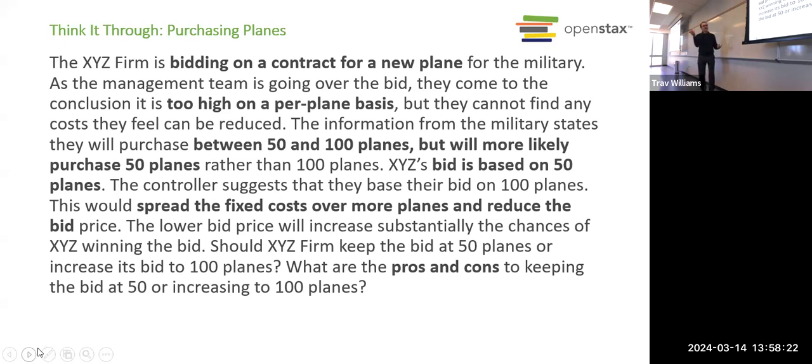So for example, if some military branch says we need 50 to 100 planes, they contact some companies that make planes and say, here's a request for proposals. We're inviting you to bid on making these planes for us. And they give you the date and time that your bid is due. They tell you in great detail what has to be in your bid.